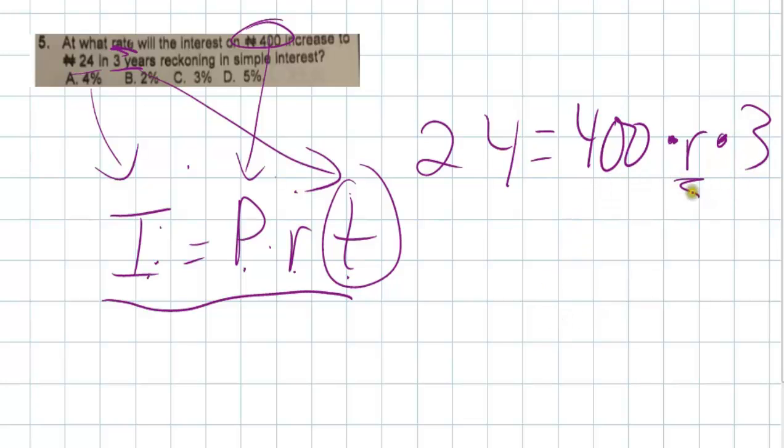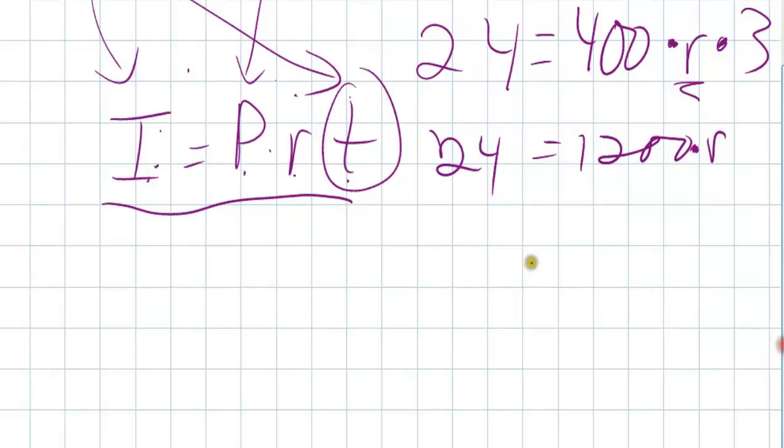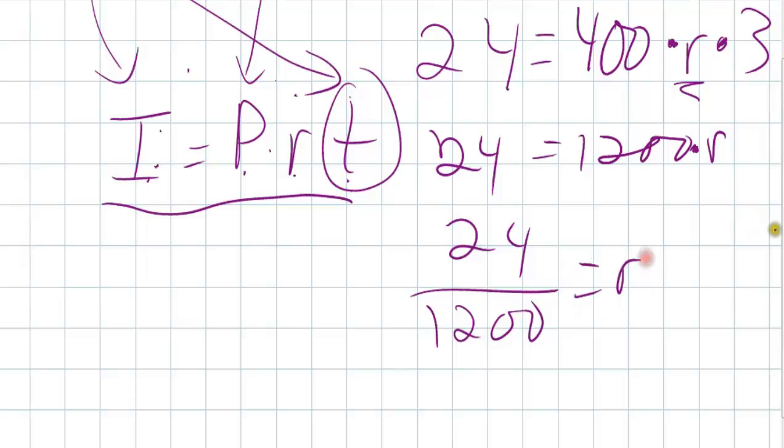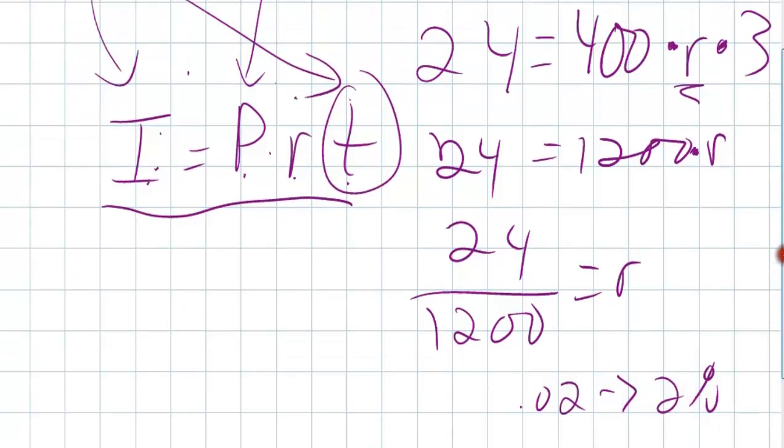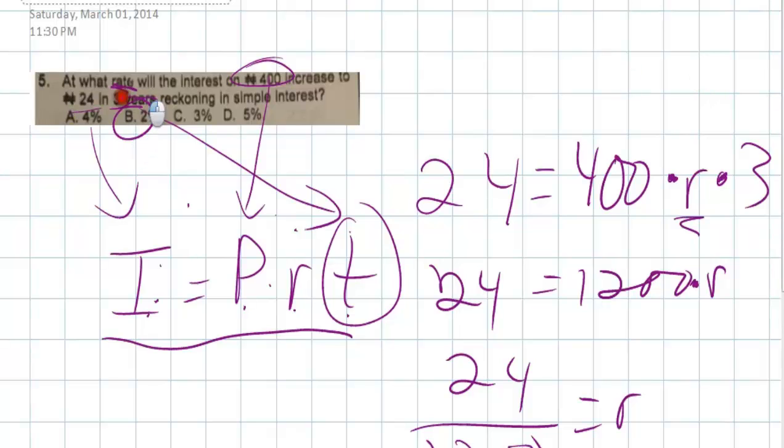I'm going to say 400 times 3 is like that, and here we have 24 equals r times that. So to solve for r, of course, we're going to do 24 divided by 1,200. If you do the math, that's about 0.02, which transfers over to 2%. So that's your answer right here, B.